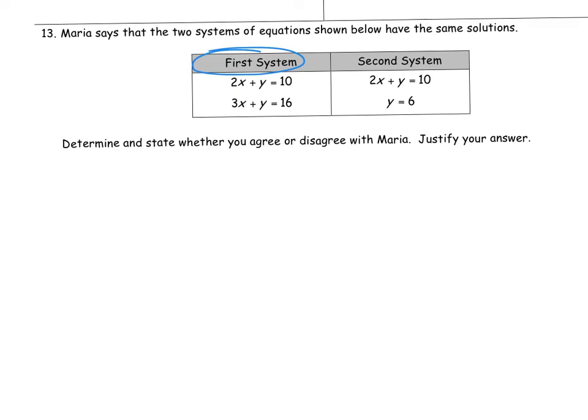Okay, let's solve the first system. Now, for this first system, we're probably going to want to use elimination here. Usually elimination is your best bet. So, for my first system, I have 2x plus y equals 10, and I have 3x plus y equals 16. Well, I want to cancel one of these variables. How can I cancel one of these variables? Let's think.